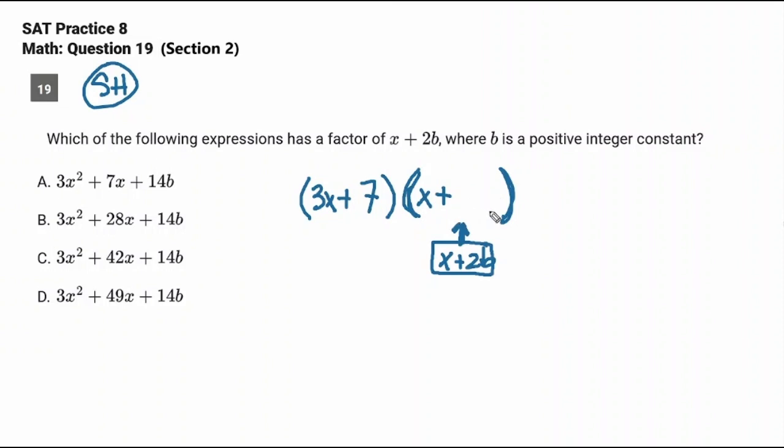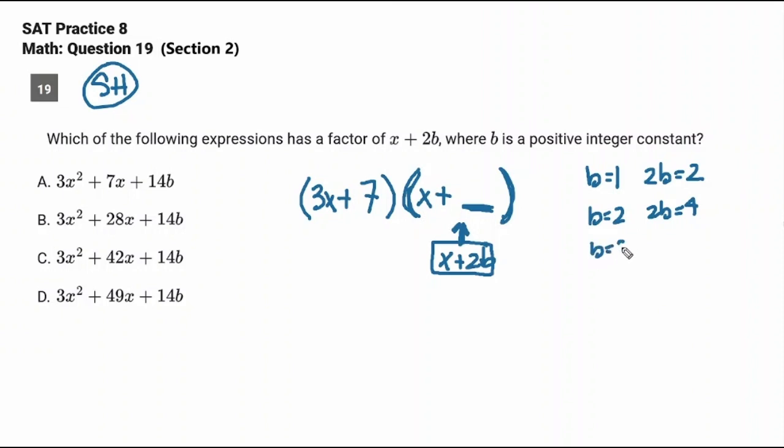So all you got to do is figure out what's going to go right here to make one of these things happen. Let's just say b is 1. It's got to be a positive integer constant. If b is 1, then what's 2b? It's 2. I'm just going to make a chart here. If b is 2, then 2b is 4.